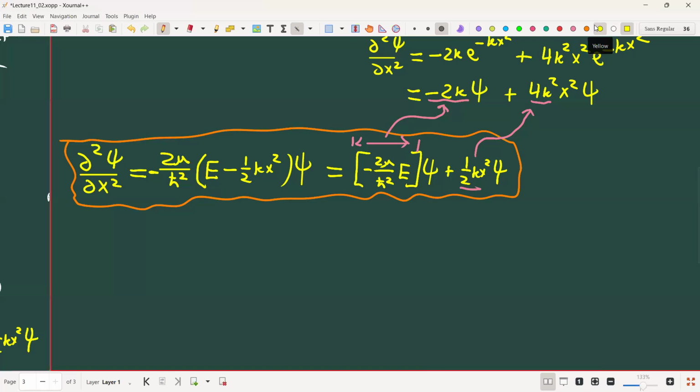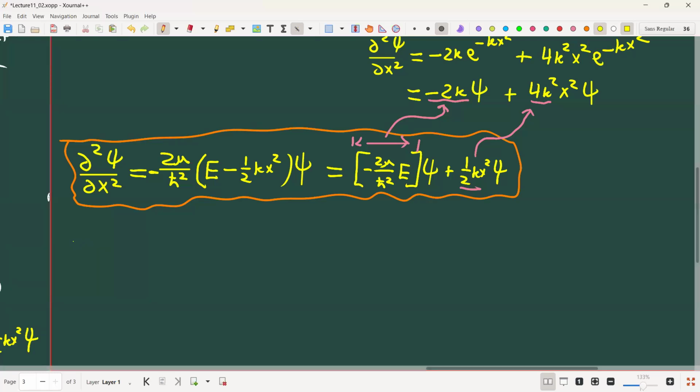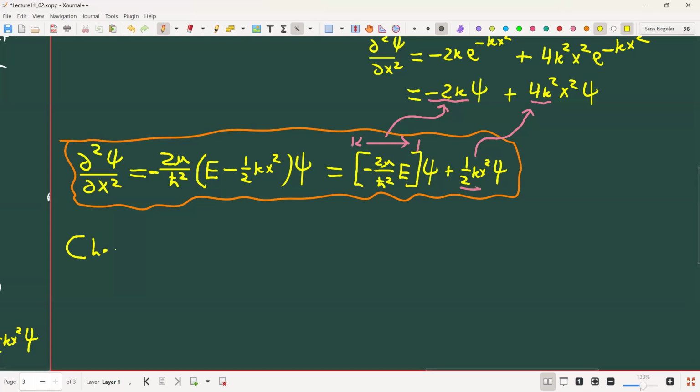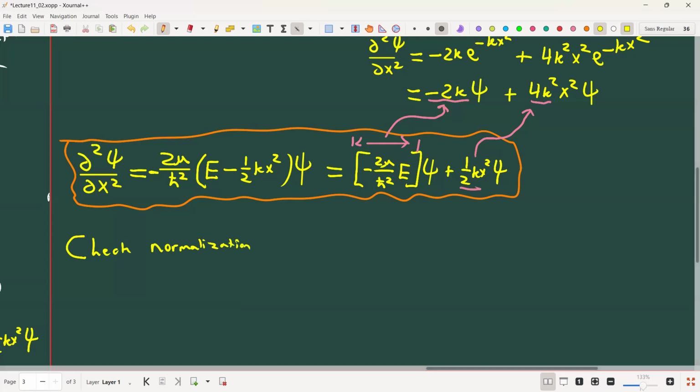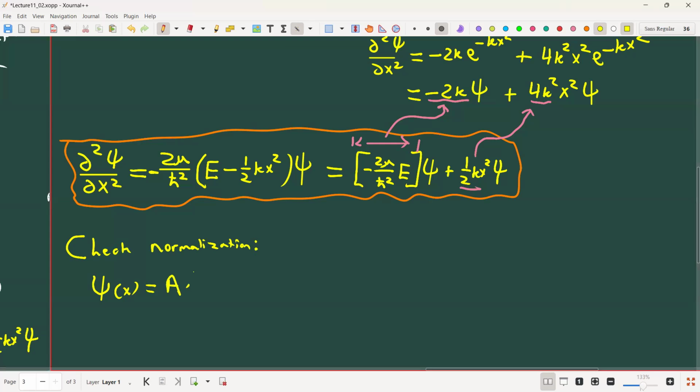Let's check the normalization. So we'll let psi here be just some number a, e to the minus kx squared.